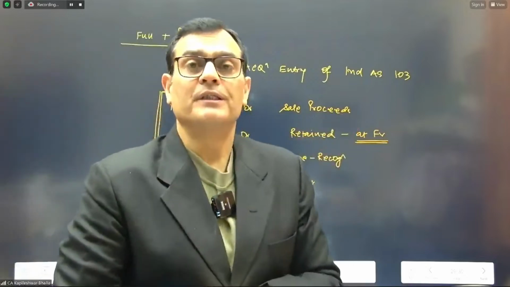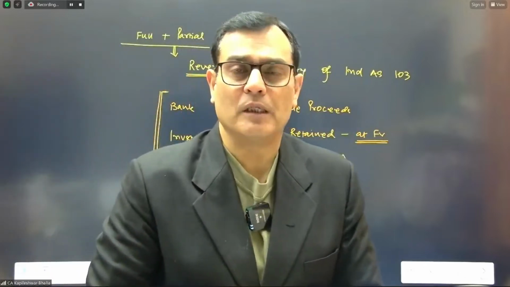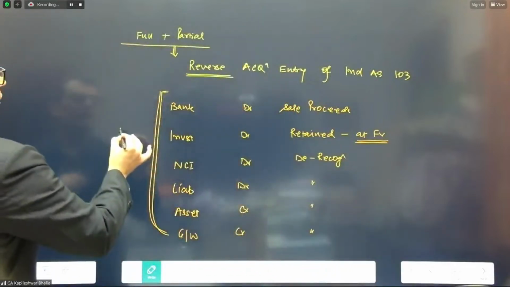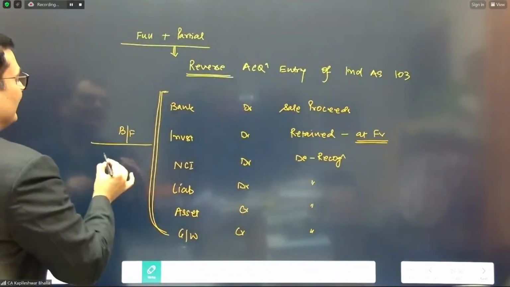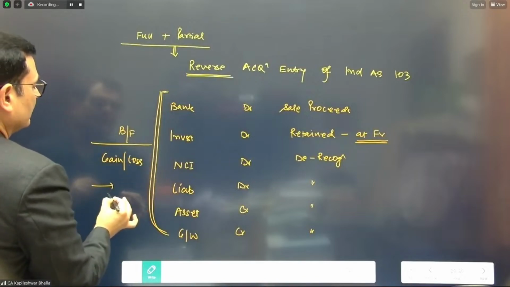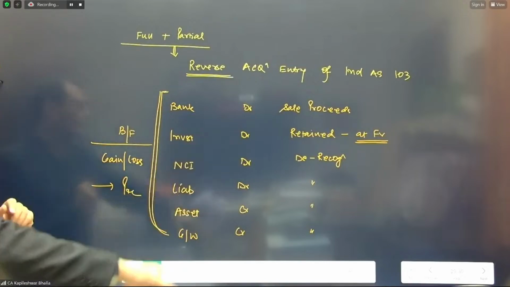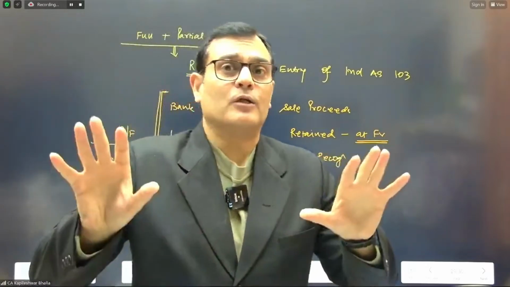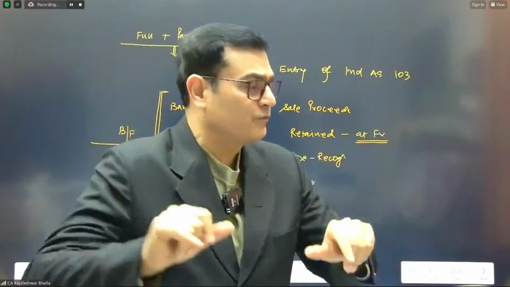And that balancing figure is going to be a gain or loss on disposal, and that's going to be taken in the P&L. So whatever balancing figure comes out here, this is going to be a gain or loss on disposal of the shares, and that will be taken in the profit and loss account. Done. Trust me. So you are only going to look at the question with the framework.